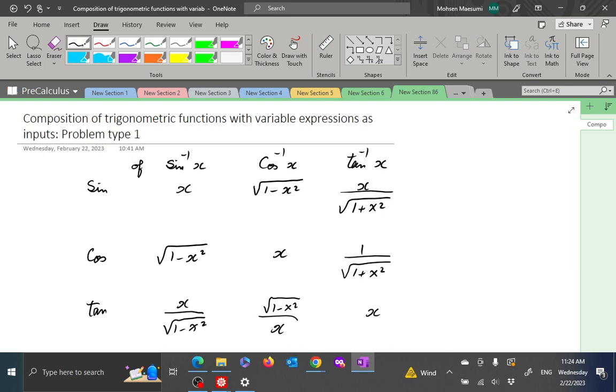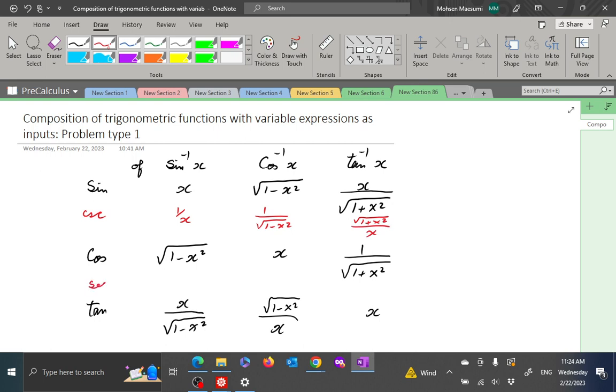Now if you want cosecant, just take all of these and turn them upside down. So for cosecant of sine inverse of x, it's just going to be 1 over x. For this one it is 1 over radical 1 minus x squared. For this one, it's radical 1 plus x squared over x.